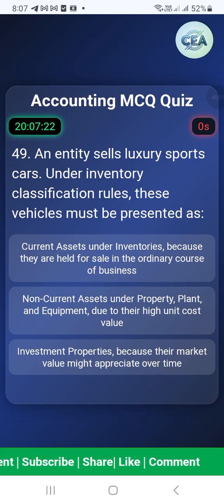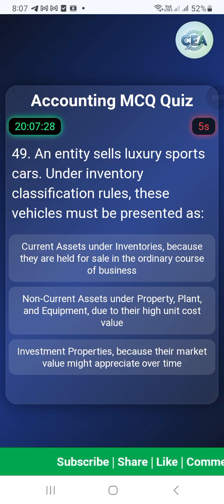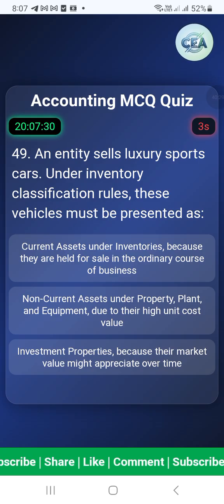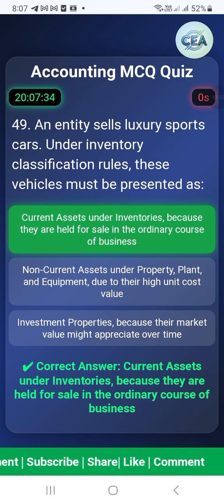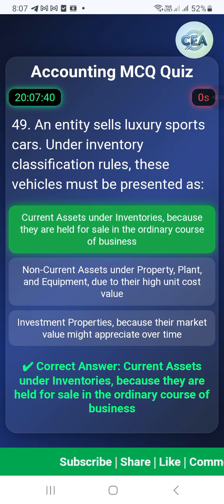Option 3. Investment properties, because their market value might appreciate over time. Correct answer is current assets under inventories, because they are held for sale in the ordinary course of business.